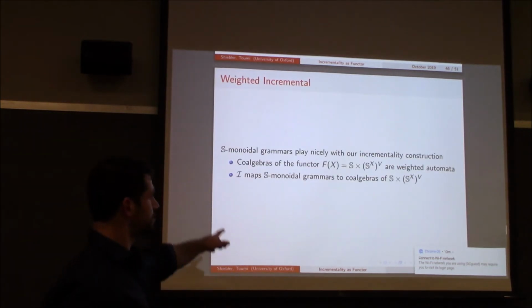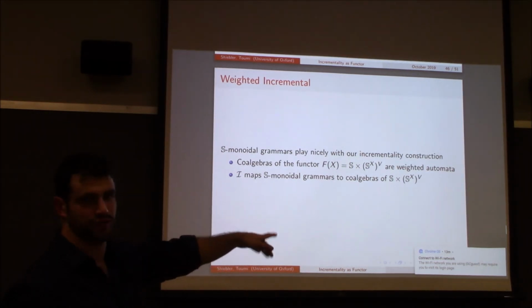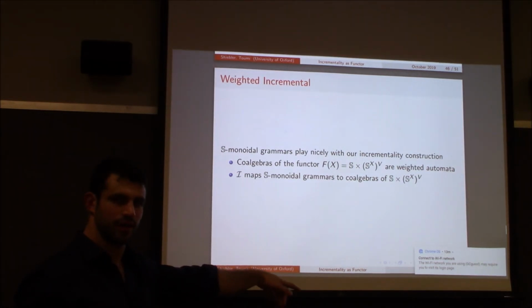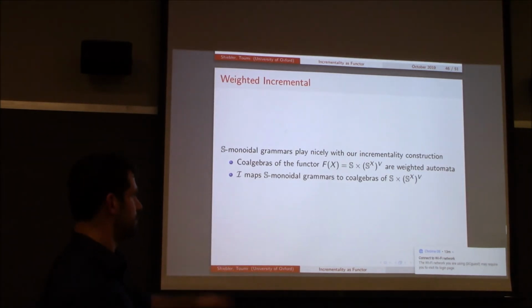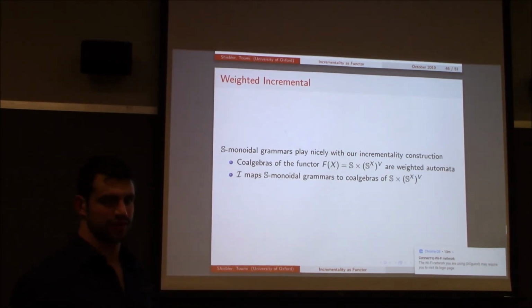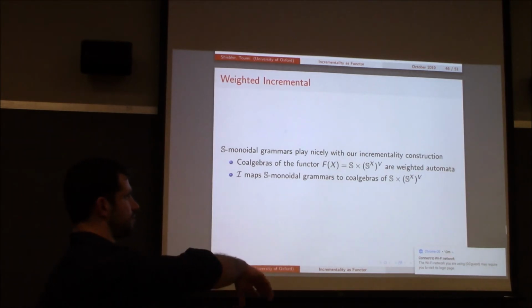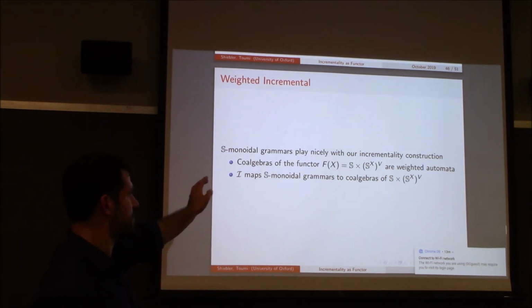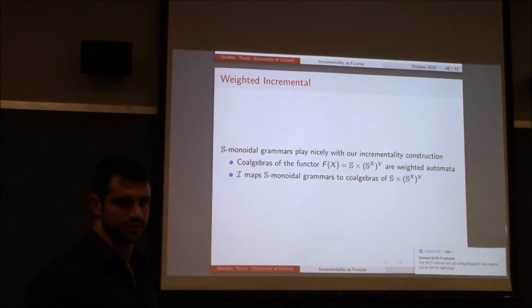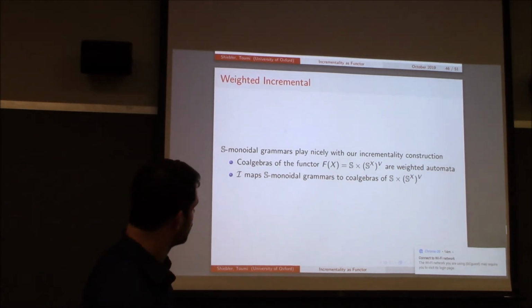So S-monoidal grammars play nicely with the incrementality construction, but we need to switch from non-deterministic automata to weighted automata, which are basically, rather than having power sets, we're looking at functions from the set into S. And so the incrementality functor maps S-monoidal grammars to coalgebras of the weighted automata functor.